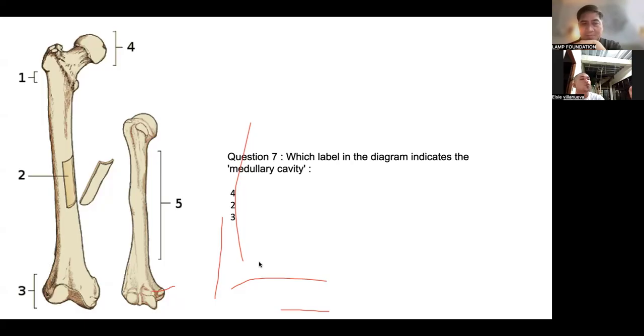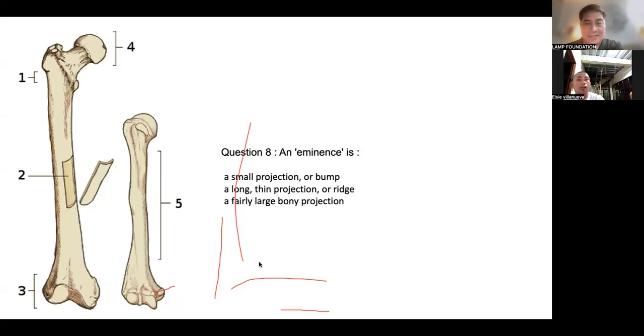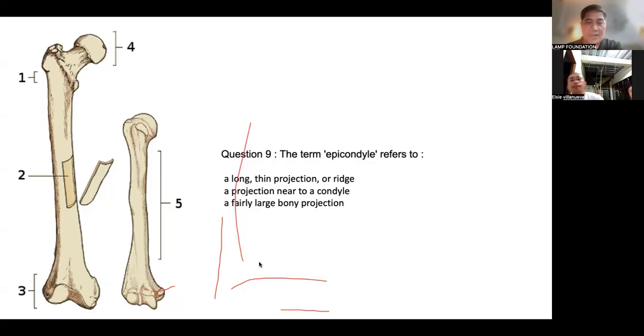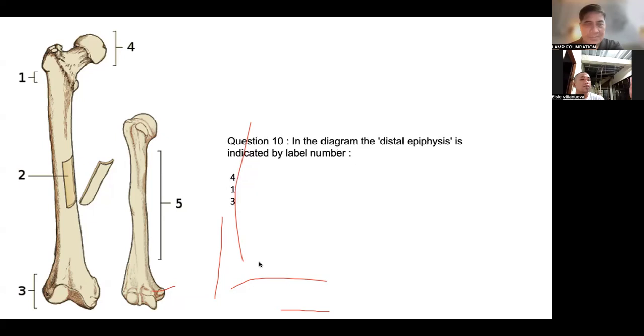Medullary cavity, what number? Medullary is number 2. Eminence. What is an eminence? A small projection or bump. The term epicondyle refers to a projection near to the condyle.